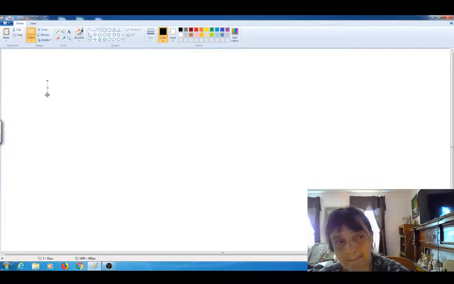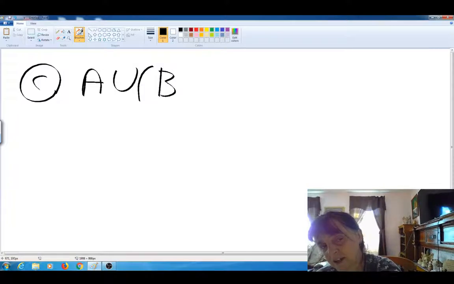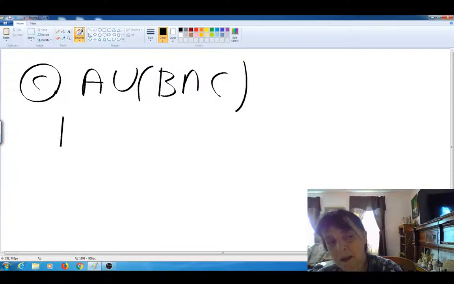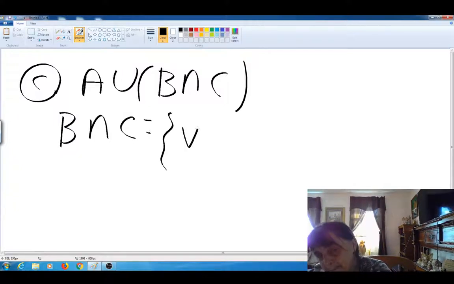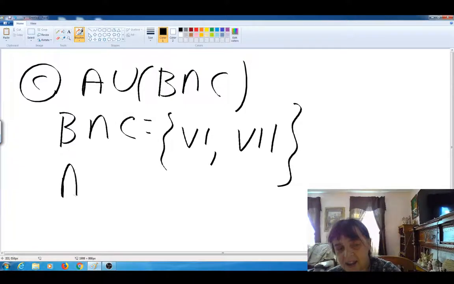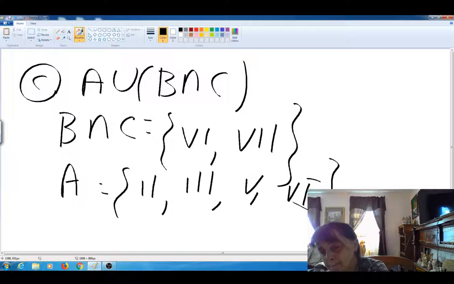Now C, A union B intersect C. B intersect C, where B and C meet, is VI and VII, and A is 2, 3, 5, 6.